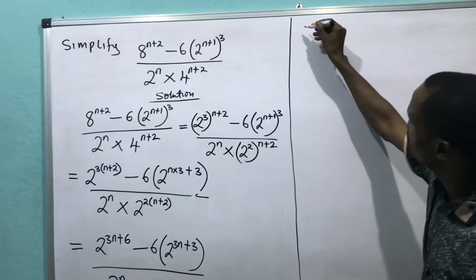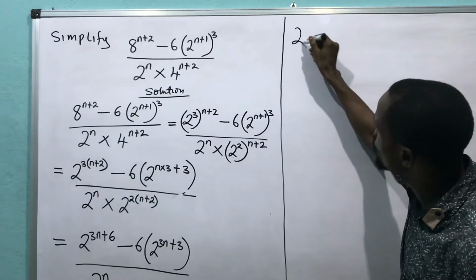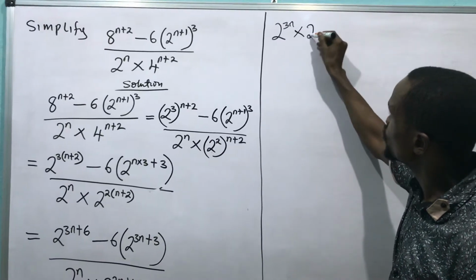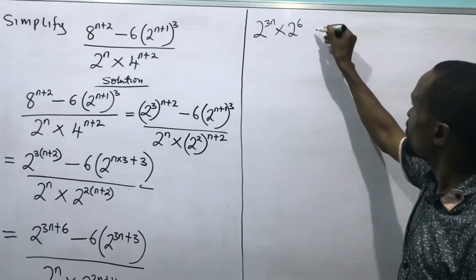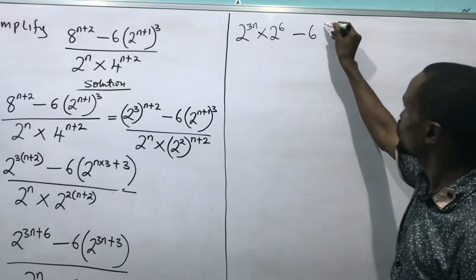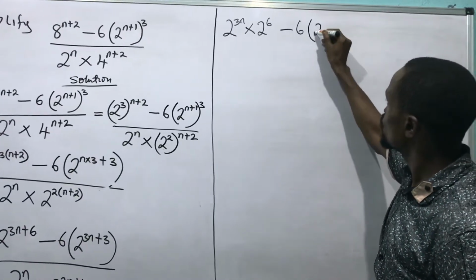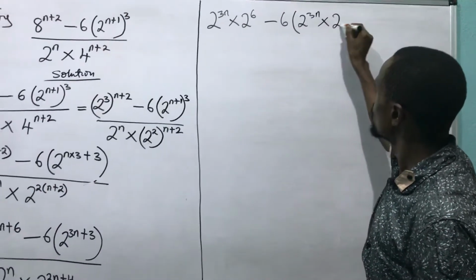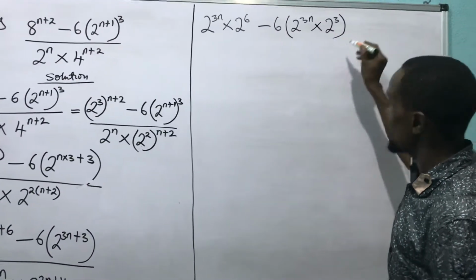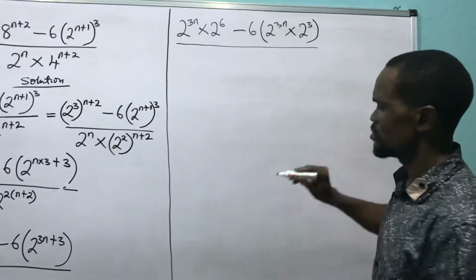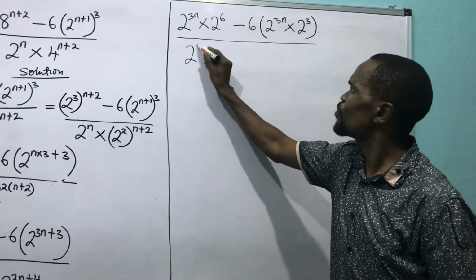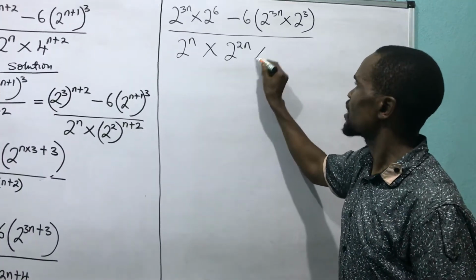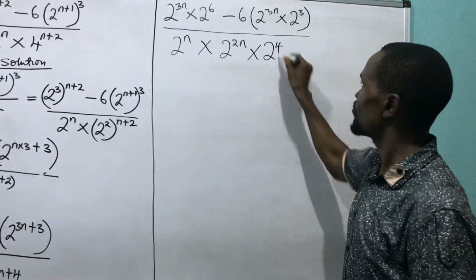I'm coming here to say this is the same as 2 raised to power 3n times 2 raised to power 6, minus 6 into 2 raised to power 3n times 2 raised to power 3, and all over 2 raised to power n times 2 raised to power 2n times 2 raised to power 4.